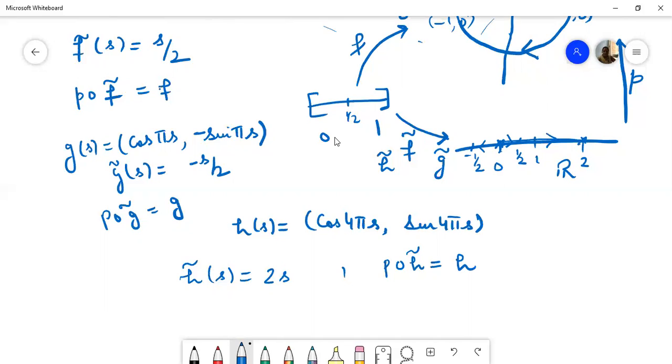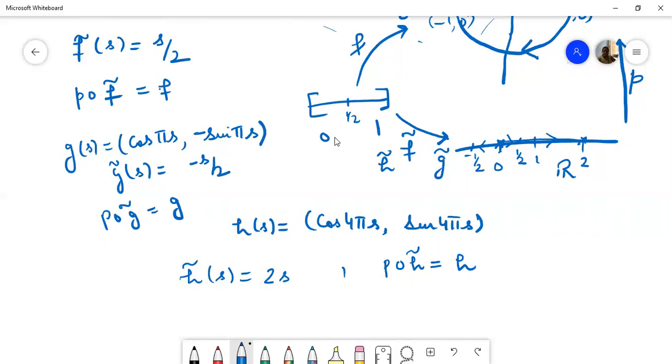So these are some examples showing that whenever we have a map P which is a covering map from E to B, then the paths in space B can be lifted to paths in space E. Here we have taken the paths F, G, H in space S1, and we have found the liftings F curl, G curl, H curl, which come out to be paths in space R. So liftings of paths are also paths.